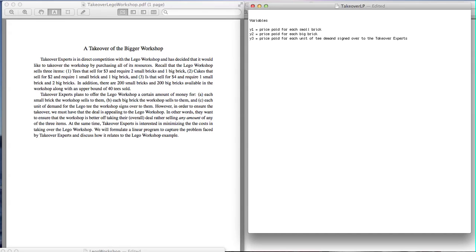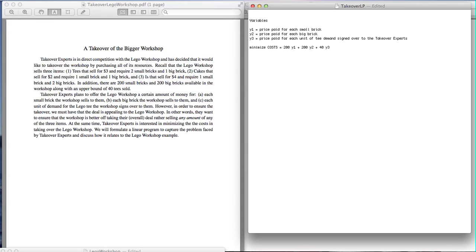There are 200 small bricks, 200 big bricks, and 40 units of T demand. So we want to minimize our costs, which we can express mathematically as 200y1 plus 200y2 plus 40y3.